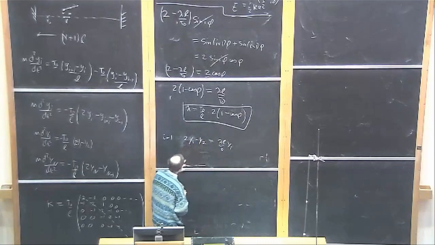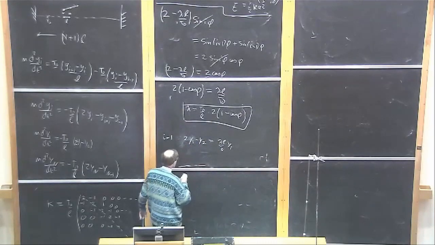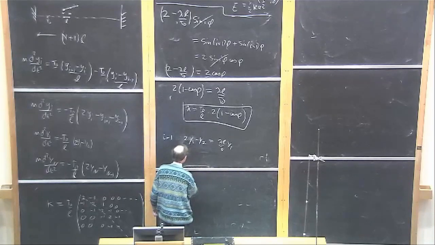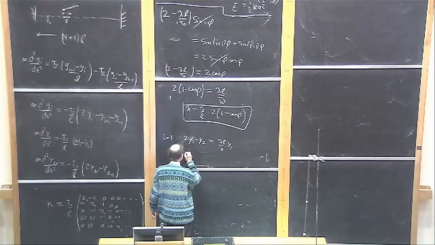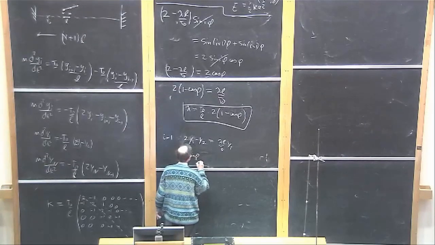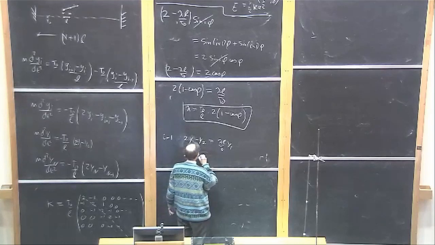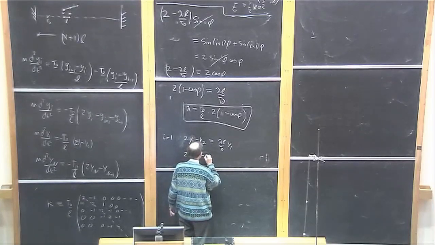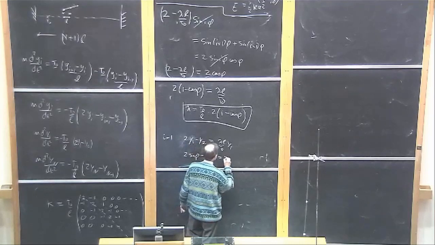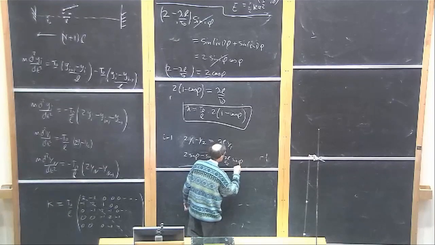And so that is 2 sine phi minus sine 2 phi is lambda L over T naught sine phi.